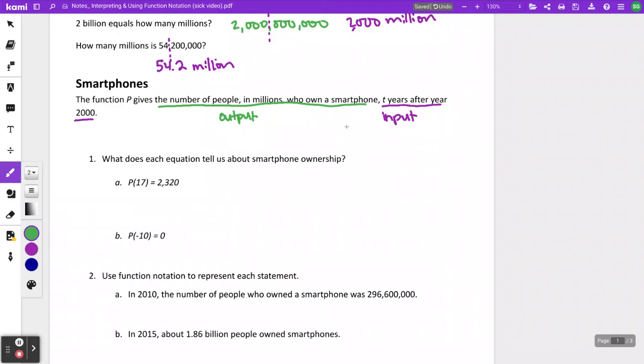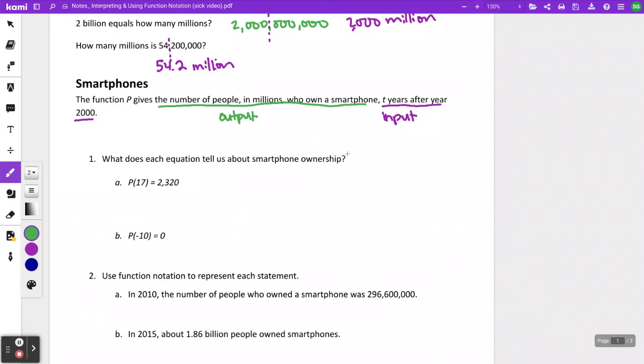The input is the years because it's kind of like me saying, if I tell you how many years after 2000, you would be able to tell me how many people own a smartphone there. Knowing the input and the output is going to be helpful when we start seeing these questions below that are in function notation.